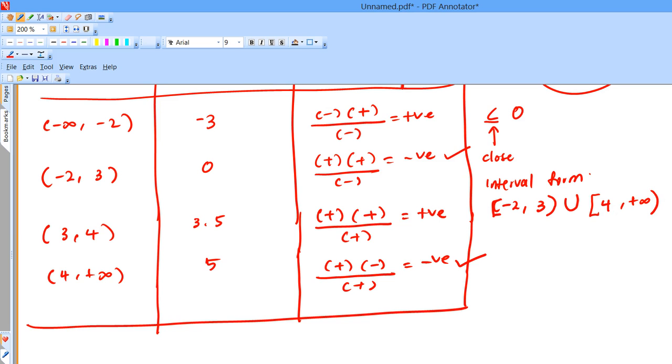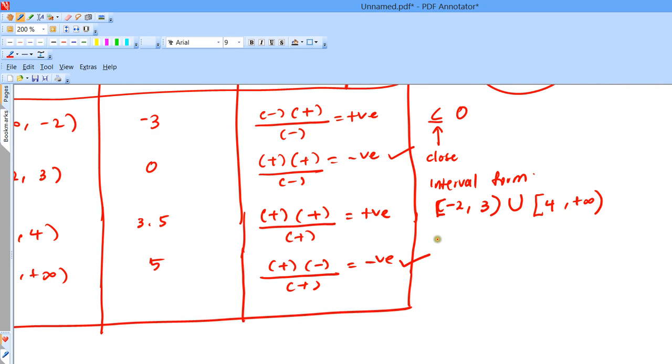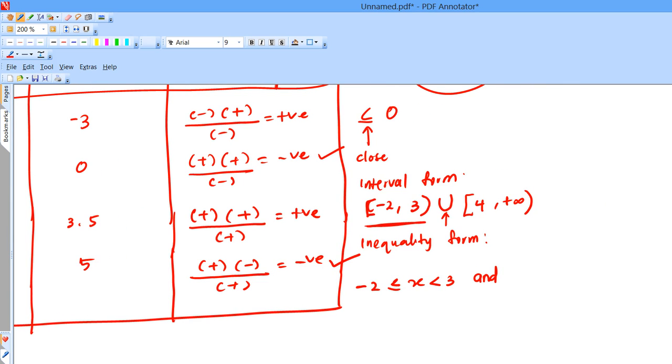Or in inequality form, for the first interval, you can write x less than 3 and greater than or equal to -2, and then union, and then the second interval x greater than or equal to 4.